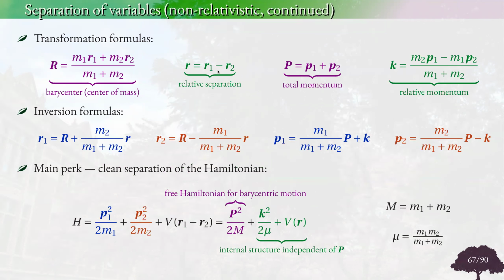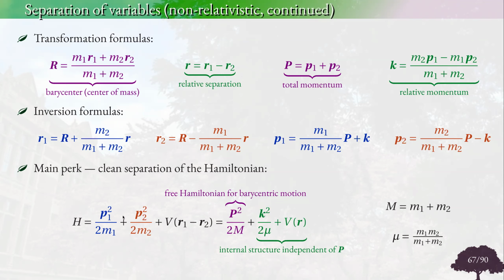You have your transformation formulas, which can be inverted to get the positions of the actual particles in terms of the barycentric and relative positions, similar for the momenta. And the main perk of doing this is that you get a clean separation of the Hamiltonian into a barycentric part and a relative part.